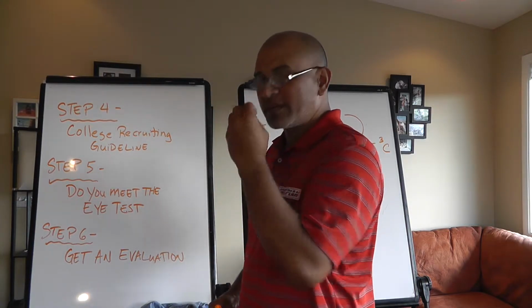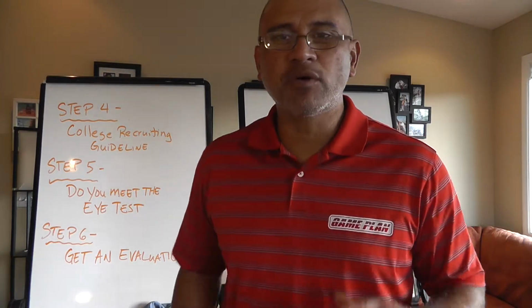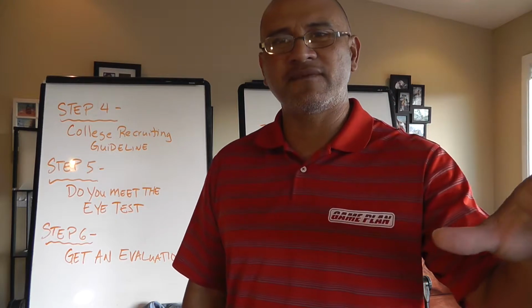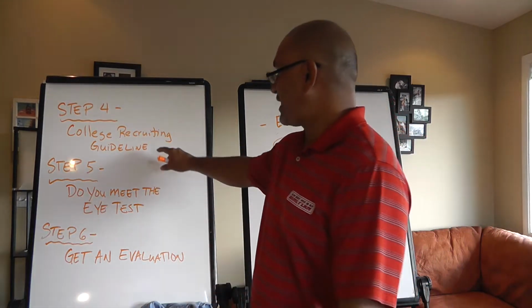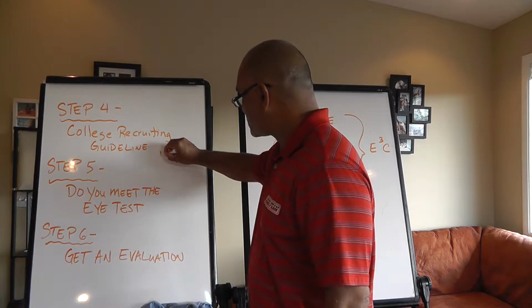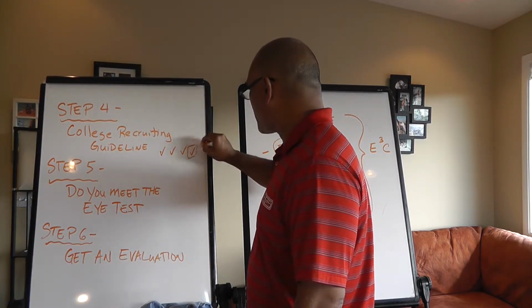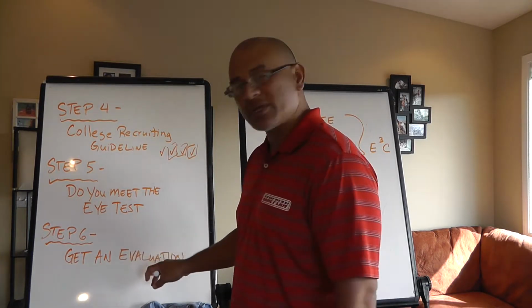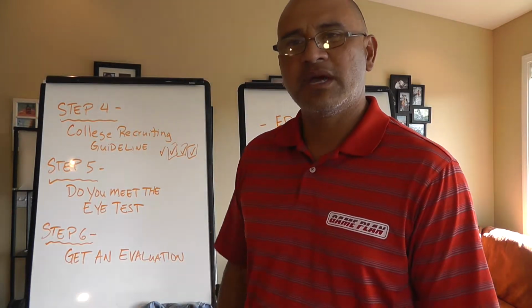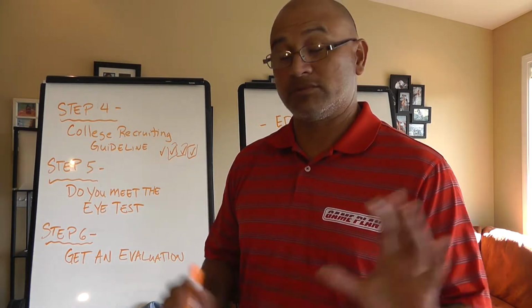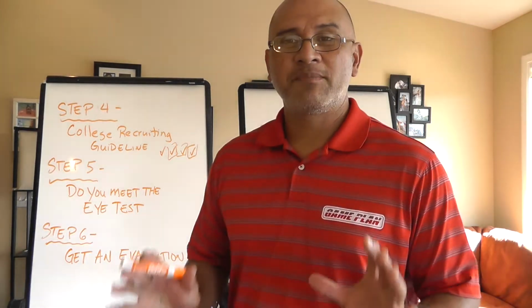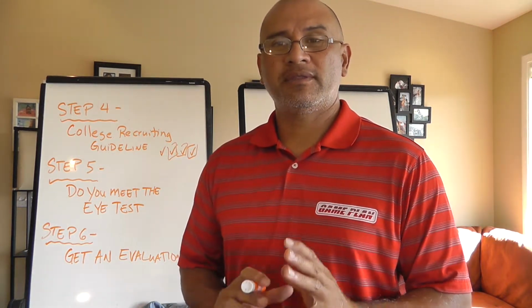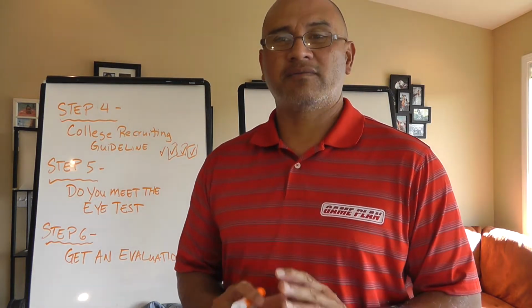The reason I'm saying that is most college coaches, if you're requesting an evaluation and you don't have the attributes they're looking for, if you can't check their boxes, then if you get a chance to speak with them, they're just going to look at you like, oh, I'm sorry, or not say anything and not talk with you anymore, because they're seeing literally hundreds of people, and they're evaluating a lot of athletes.